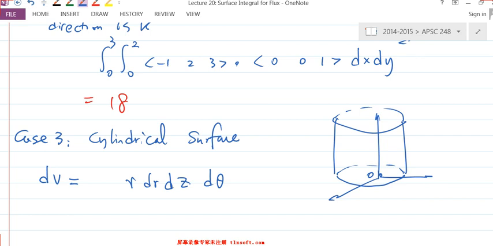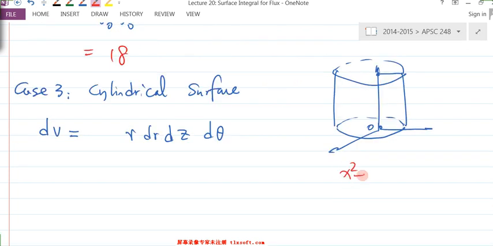In this particular case, we're only interested in the surface. So how do you describe a cylinder first of all? x squared plus y squared equal to a squared. It's a circle, but in 3D space this is a cylinder. Or r equal to a.